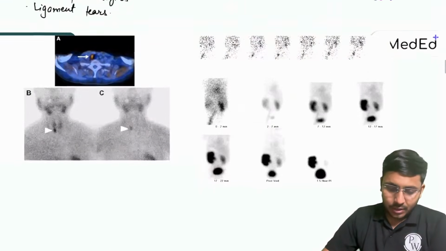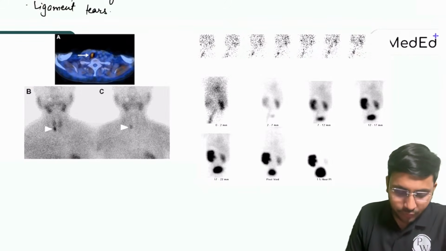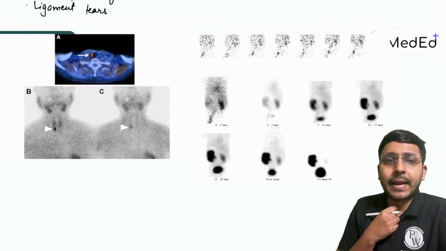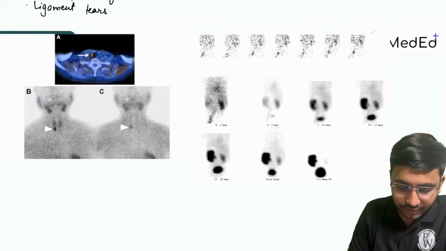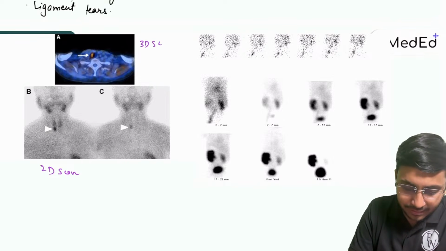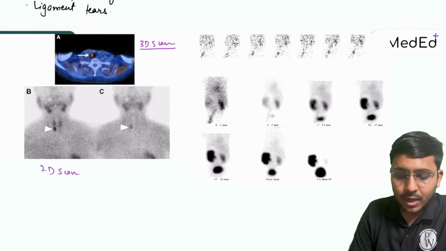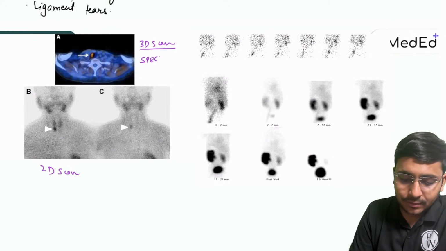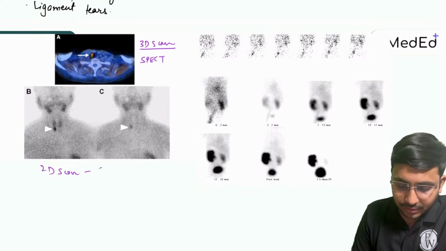Okay. Now what is this investigation? So what are we identifying here? We are identifying parathyroid adenoma. So this is a 2D scan and this is a 3D scan for parathyroid adenoma. This is a SPECT and this is gamma imaging.